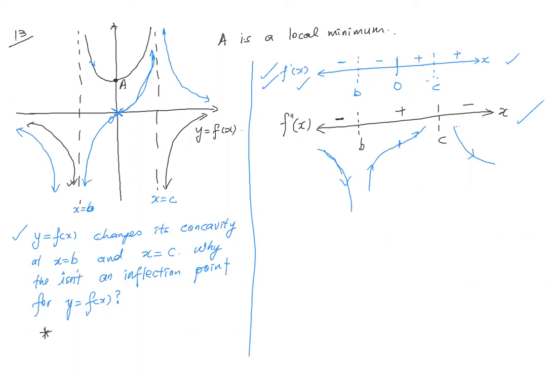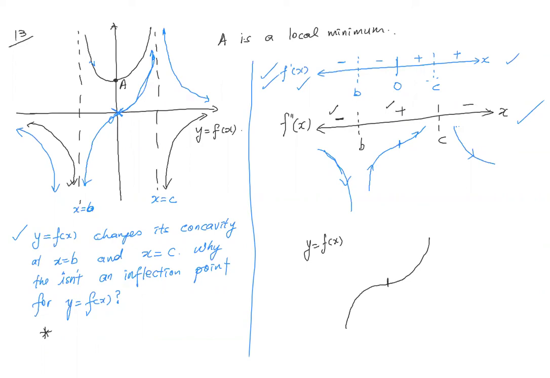You don't talk about the sign. Look, this one is concave down, correct? Then it changed to concave up. There should be an inflection point, correct? But how come in this case there isn't? We know that if I have a graph like that, for example, my y equal to f(x), the graph goes like that.